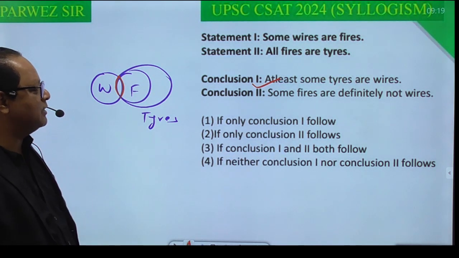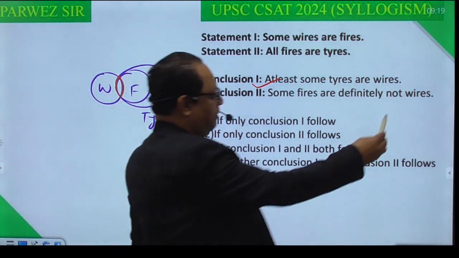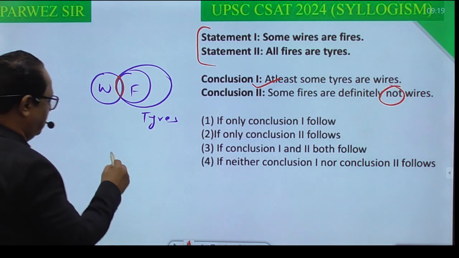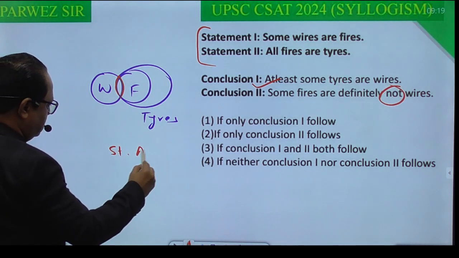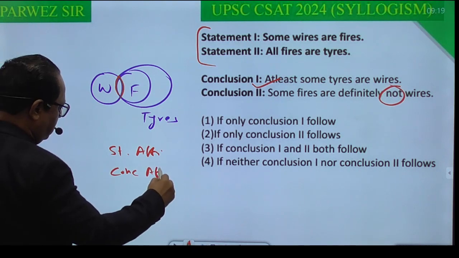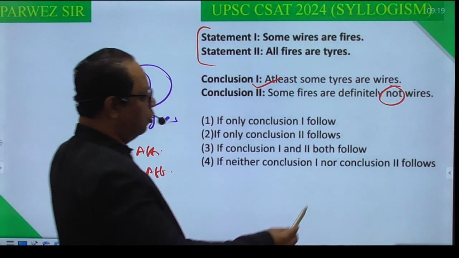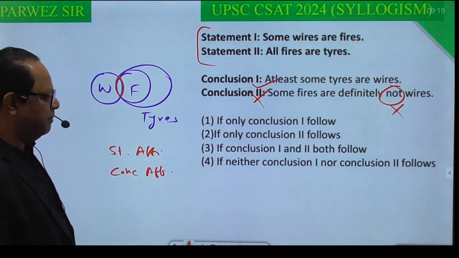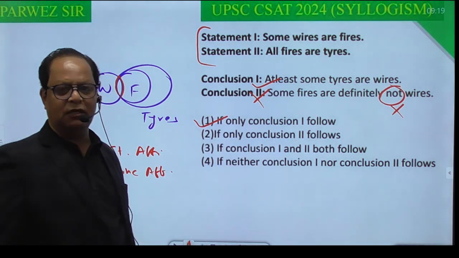And some fires are definitely not. Remember, not is given. If statements are affirmative, the conclusion must be affirmative. So there is no place for not. So the second conclusion will be wrong. Only the first will be right, which is given in the first option, and this is your answer.